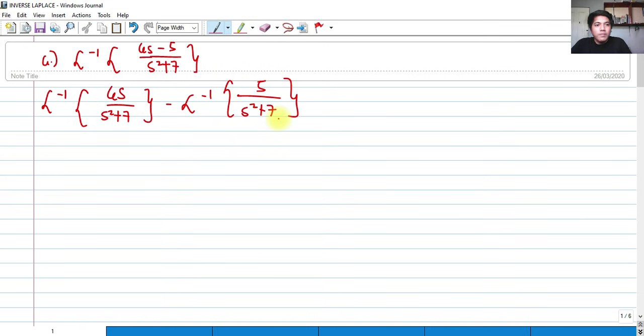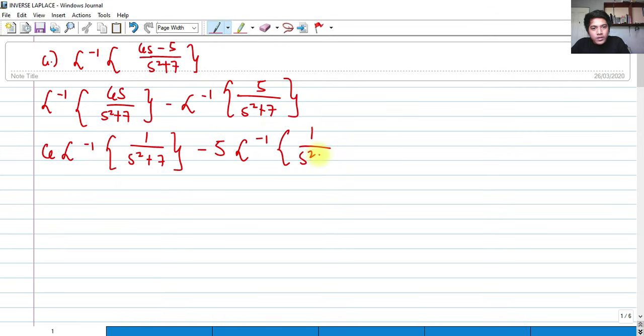What will happen here? I can factor out 6, and then evaluate s over s squared plus 7. Then I can factor out 5, the inverse Laplace of 1 over s squared plus 7.